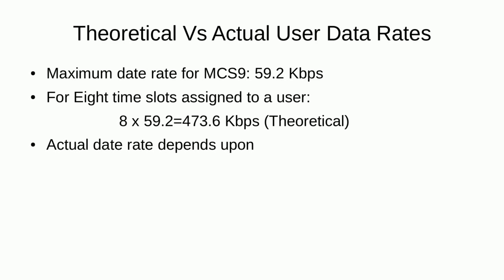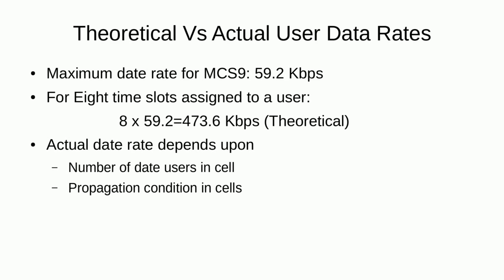We get a data rate in a few hundred kbps. And why is that? Because the actual data rate depends upon the number of data users in the cell, because these time slots are being shared between the mobile users in a packet switched manner. So it is not necessary that if there are many users using an EDGE network for data calls, a user can always get 8 time slots.